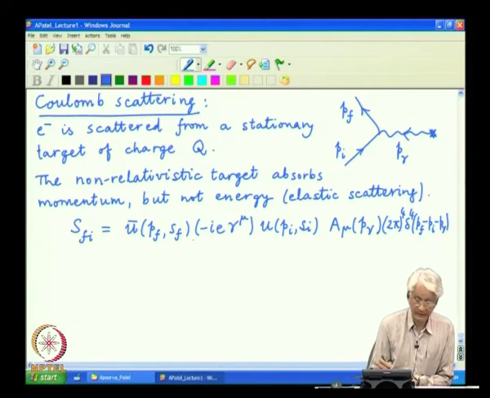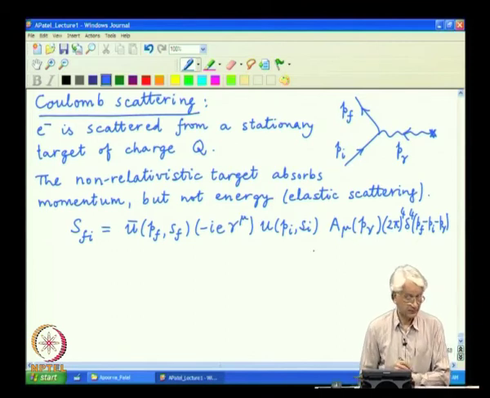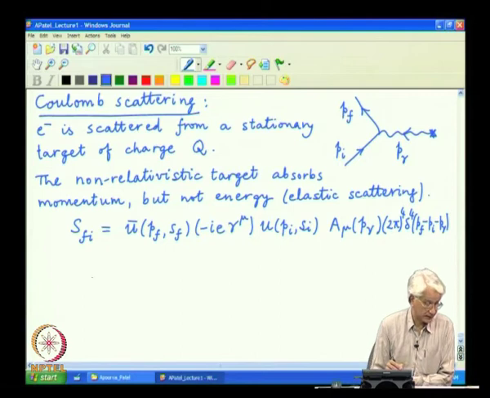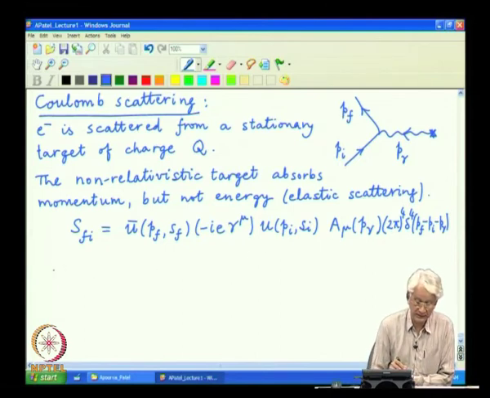And so, first thing we have to find out is what is the photon wave function, and that is well known in position space.